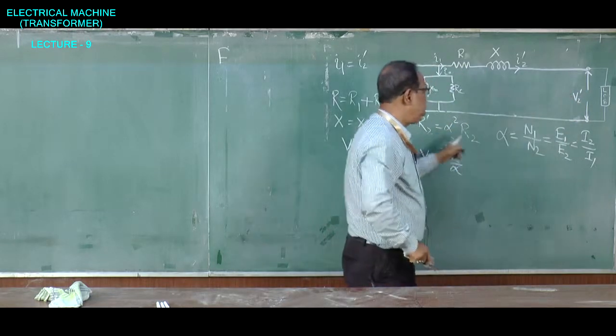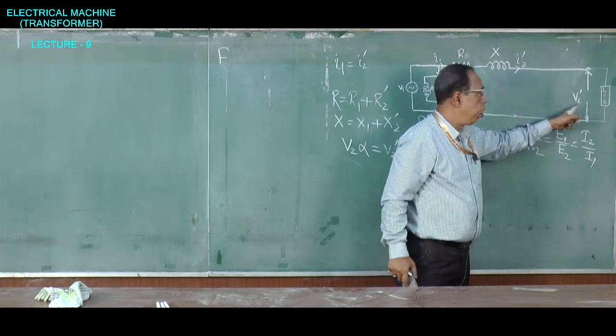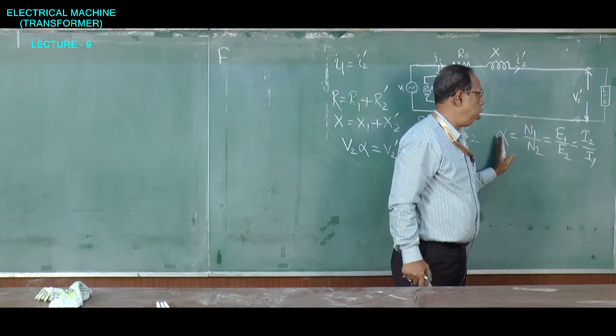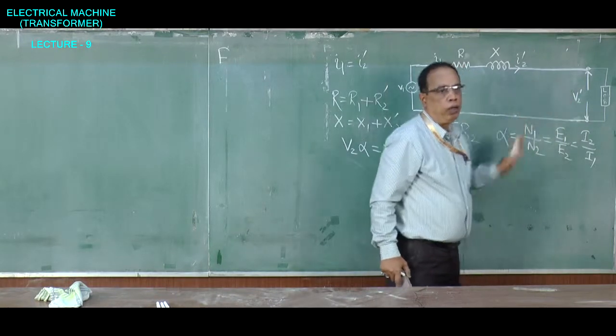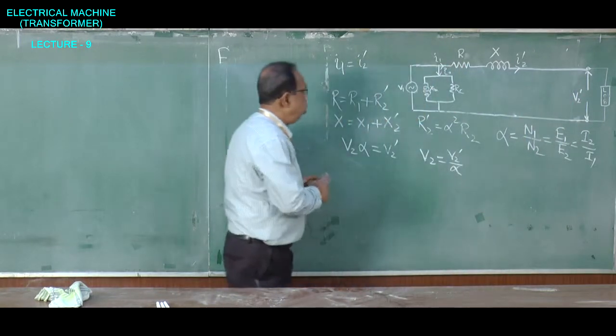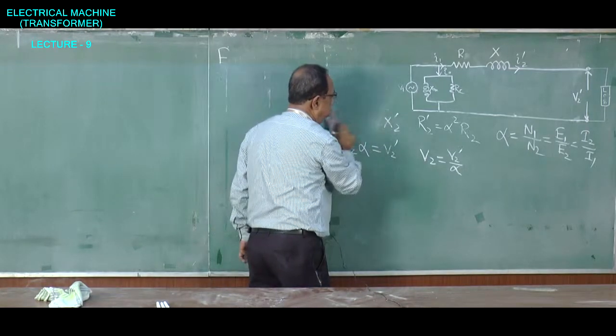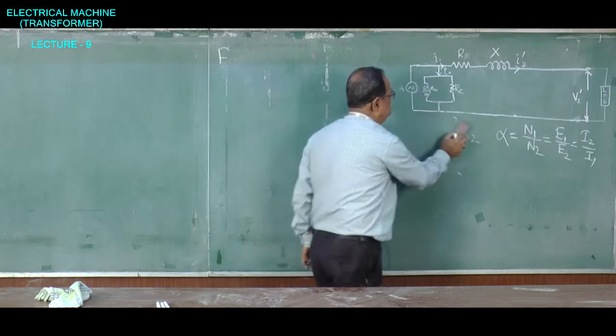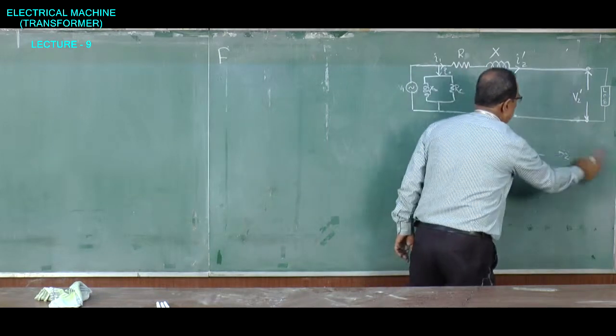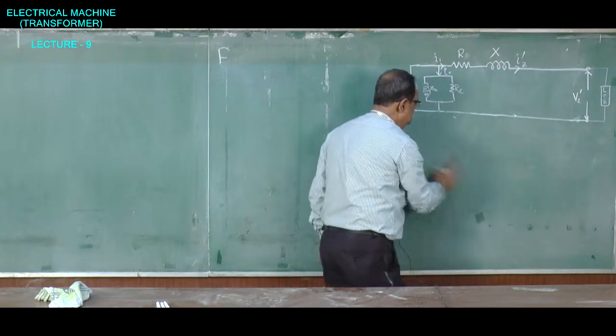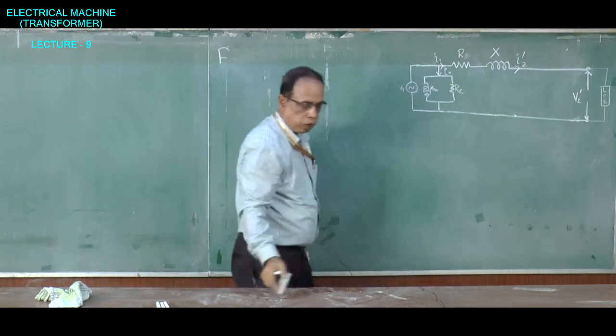And if you divide V2 dash by the turns ratio alpha, you will get the actual V2. So, this is the most simplified version of our equivalent circuit, which is used for the transformer.